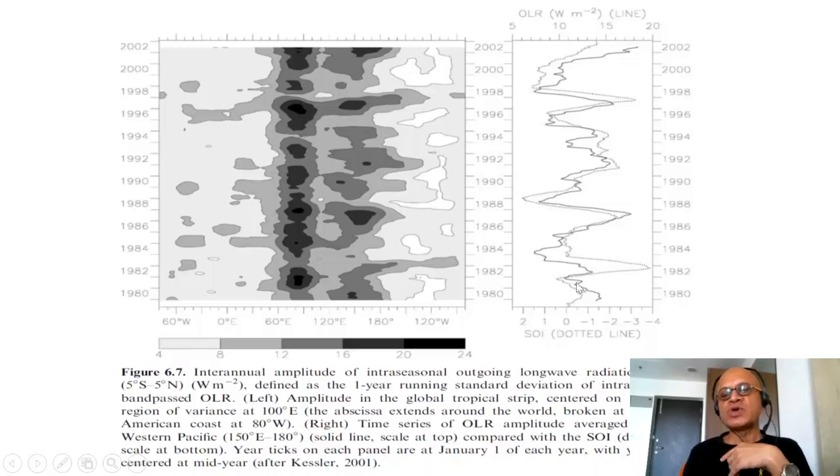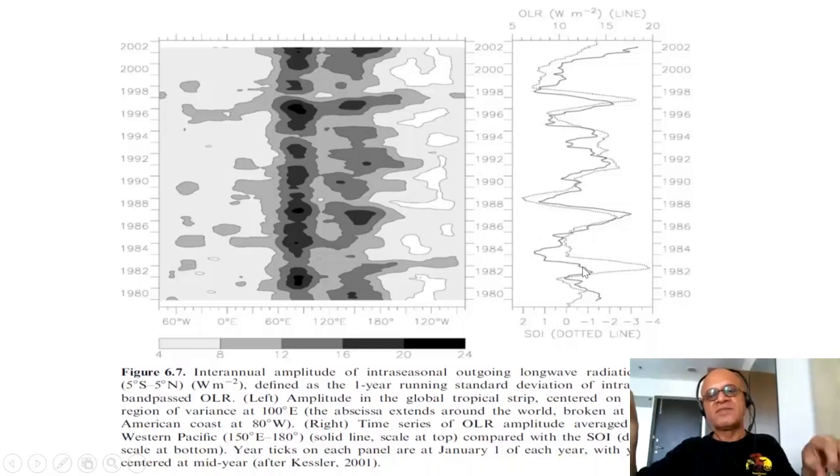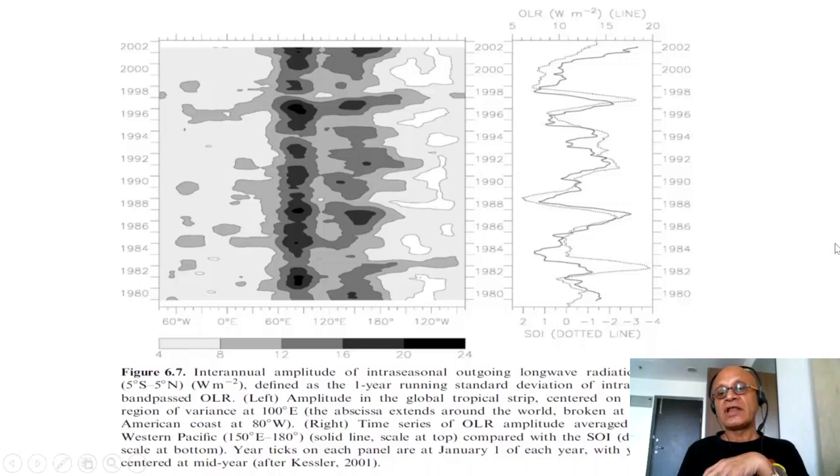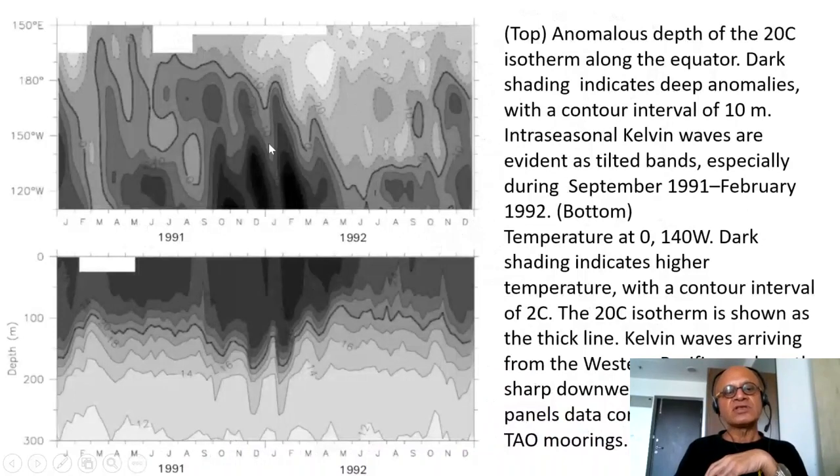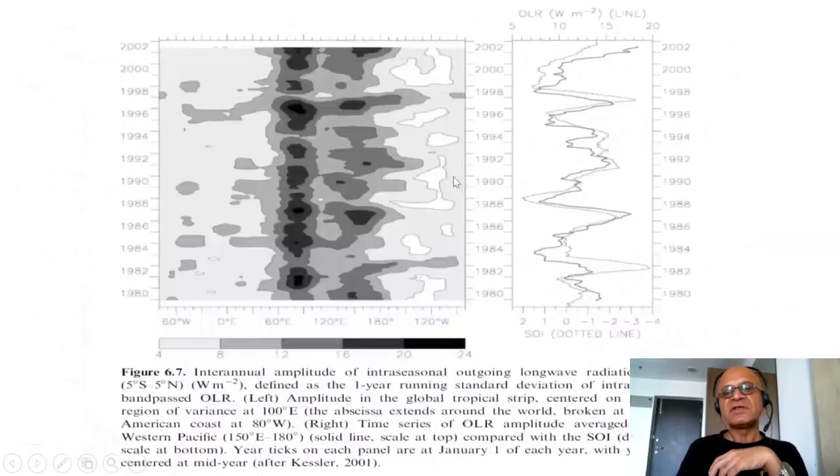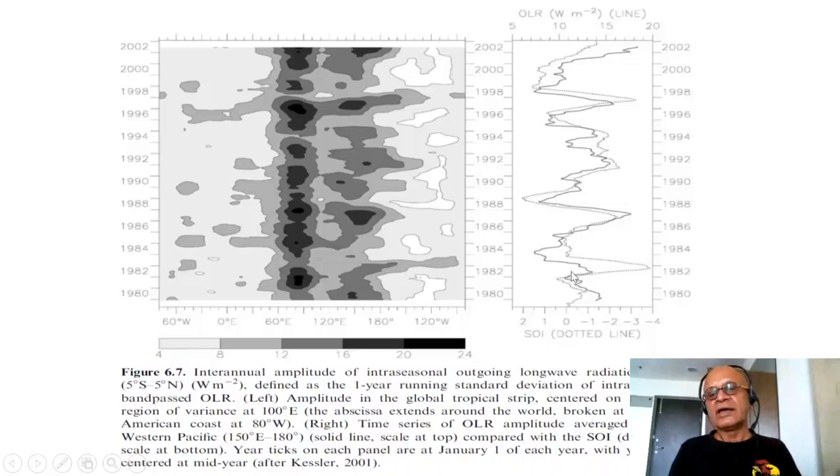So what this is showing is that the southern oscillation, which is the pressure difference between Tahiti and Darwin, which is basically an indicator of El Nino, shows that the east-west movement of the convection as seen in the OLR anomalies is highly correlated with the SOI, because as we saw before, the entire process of westerly wind bursts, Kelvin waves, thermocline dipping, surface temperatures warming, convection moving eastward with the warmer temperatures, and so on, are highly related to each other, and that's what we call El Nino. And El Nino is in fact a coupled phenomenon.